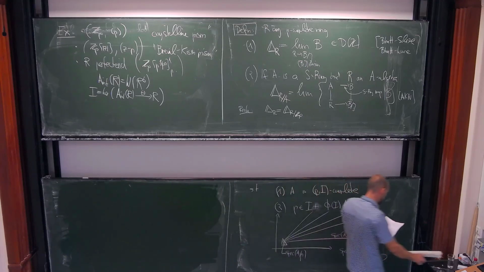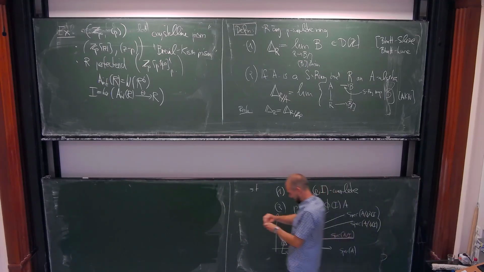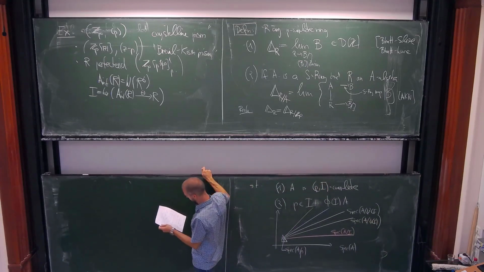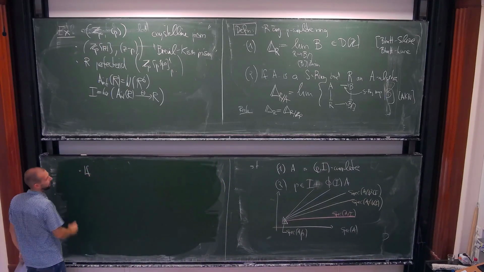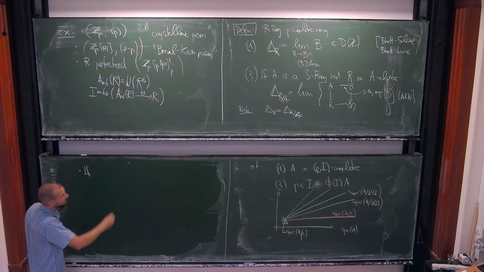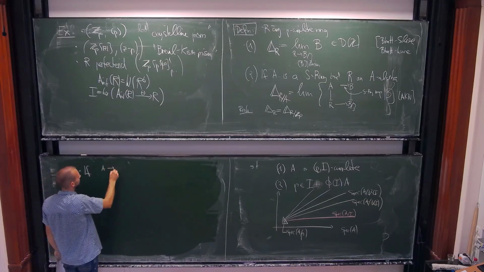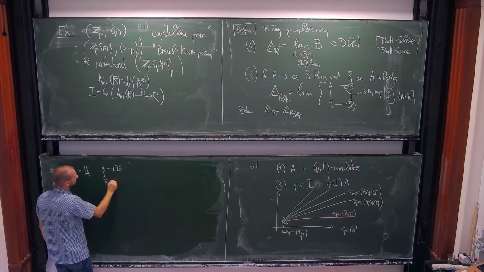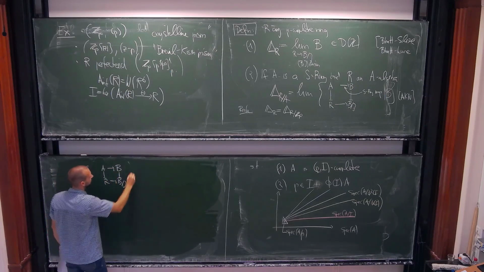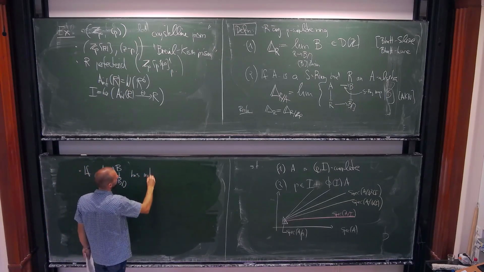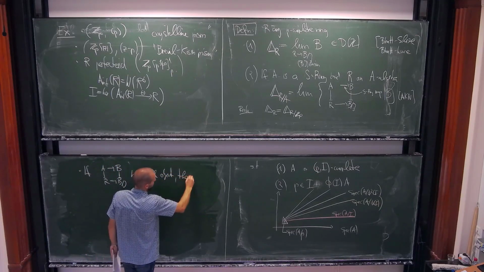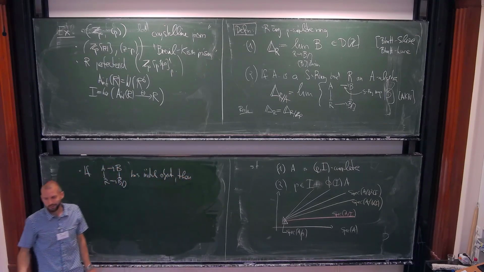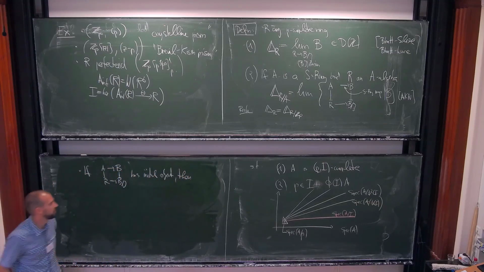Okay, and let me wrap up by saying how one computes this now. The first thing is, if this site I write down, or this indexing category, for fixed A and R, has an initial object, then of course the limit of a category which has an initial object will just be evaluation on that object.